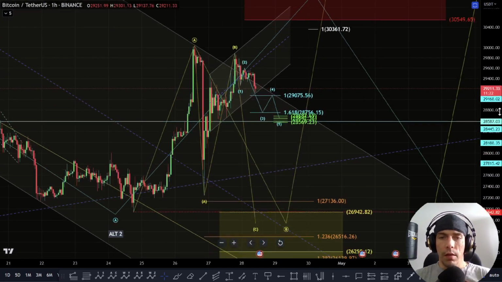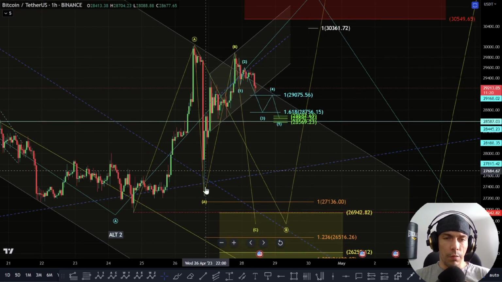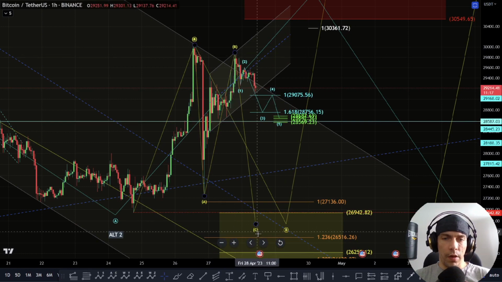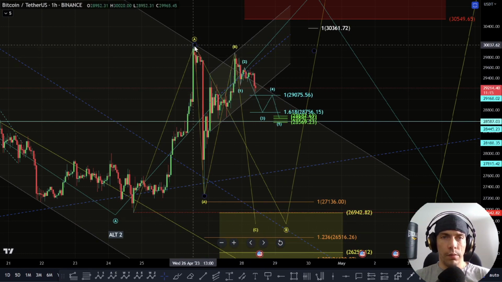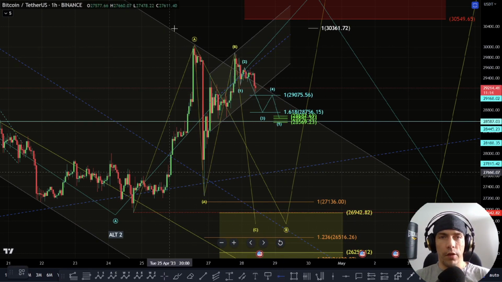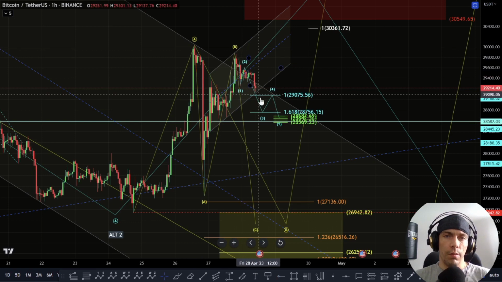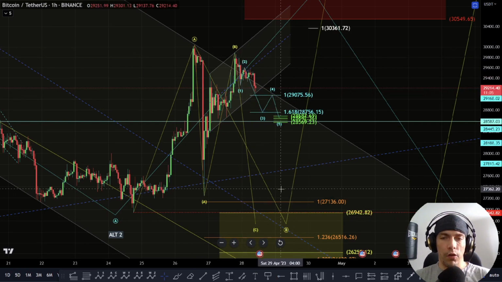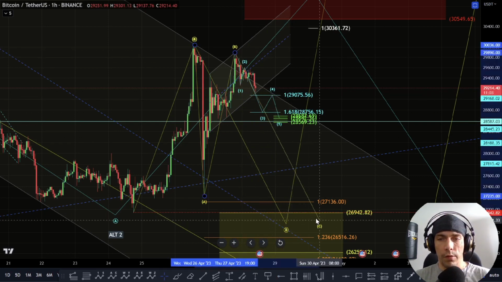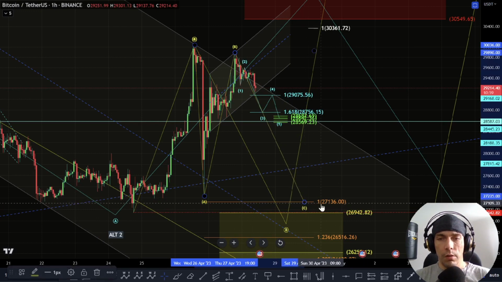This would be a zigzag, valid for as long as we stay below this 30,036 area. As long as we stay below that, there's the potential that we could get a breakdown in another C wave.